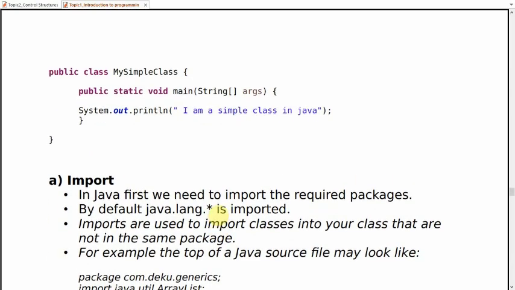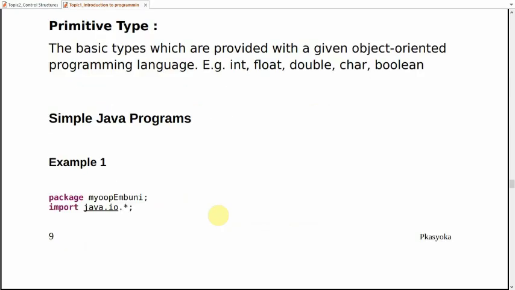Now we have a simple example here of a code. Example 1 begins from this page where we're saying we have package my OOP Mbuni. Now whenever you see package, just in your mind let it be a folder. So we expect our code to be inside the folder my OOP Mbuni. Then we are importing.